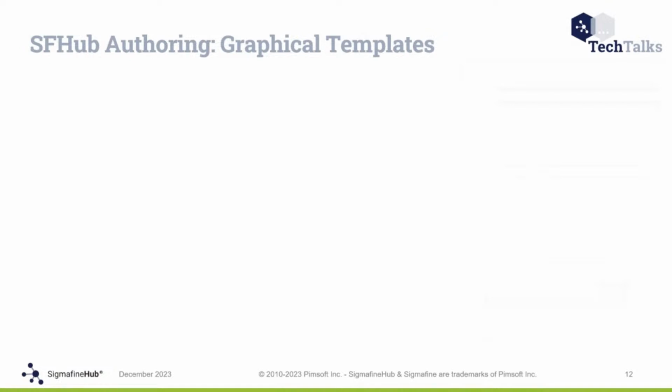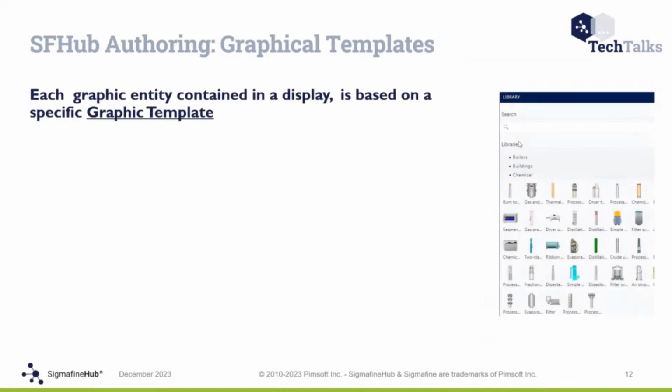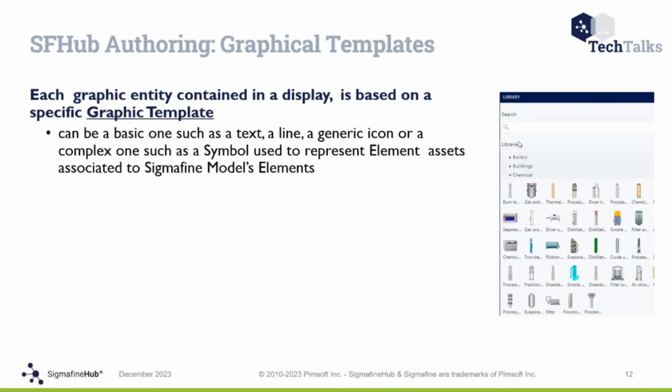Graphical templates, as said before, are a really important entity in SigmaFine Hub. Each element must be defined in a template before you can use it. When you install SigmaFine Hub, you have a default or standard library of symbols, and you have generic icons.